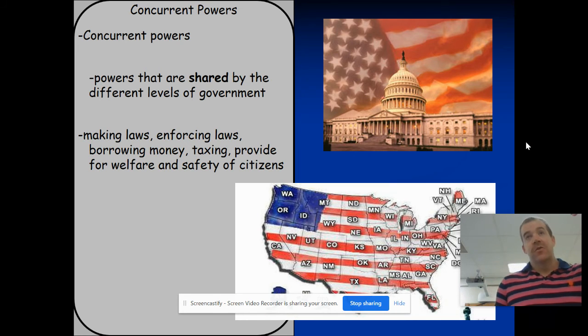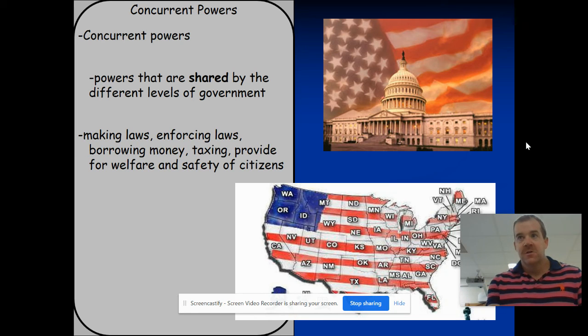Making laws: there are national or federal laws, and then there are state laws below that. So different states have different laws. For instance, students are often interested in this. In certain states, it is legal to use marijuana.